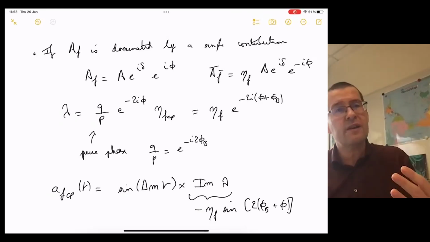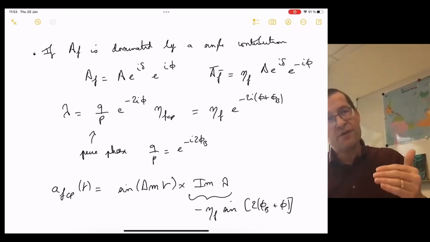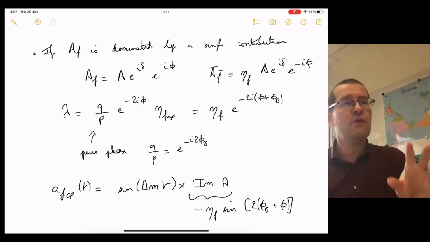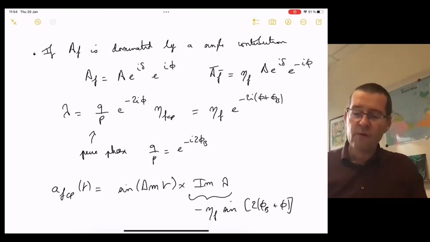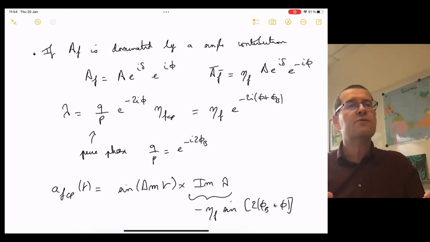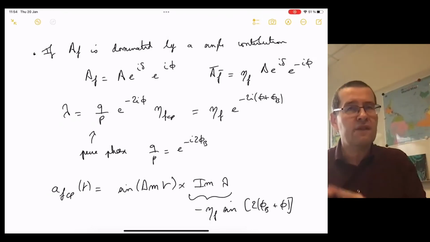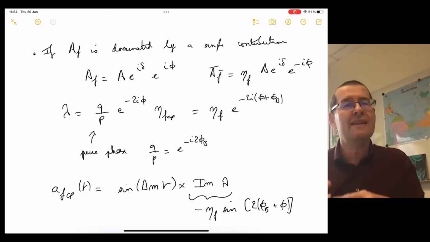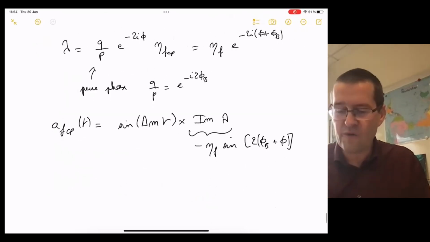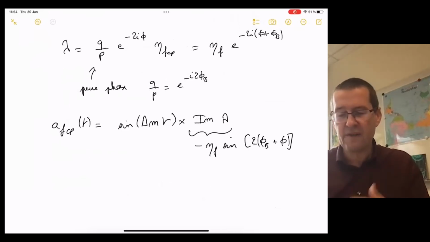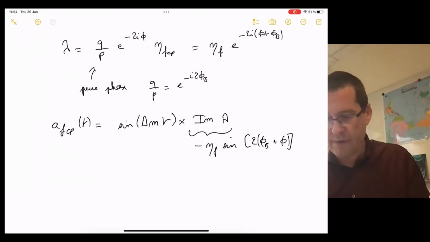And because we're doing an asymmetry that is not just an asymmetry involving the decay amplitudes, but the interference with something else, which is the mixing, we are able to build an asymmetry that cancels the strong part, but still carries some information on the weak part. That's the interest of this kind of asymmetry and this kind of measurement.